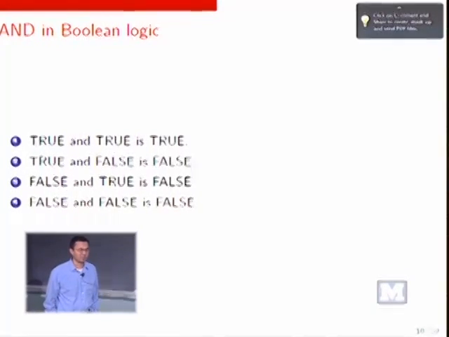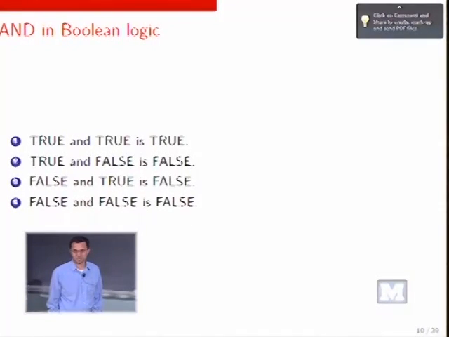For example, if I say red is a color, and yellow is a color, that's a true statement. Because it's true and true, then it's true. But if I say that red is a color and yellow is a person, that is false, because true and false is false.